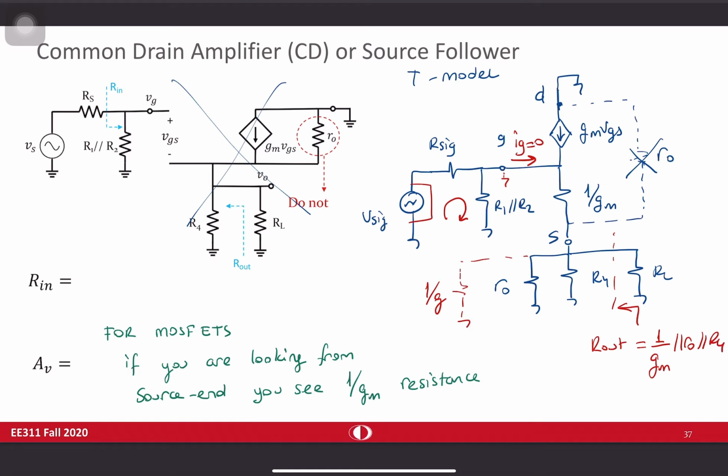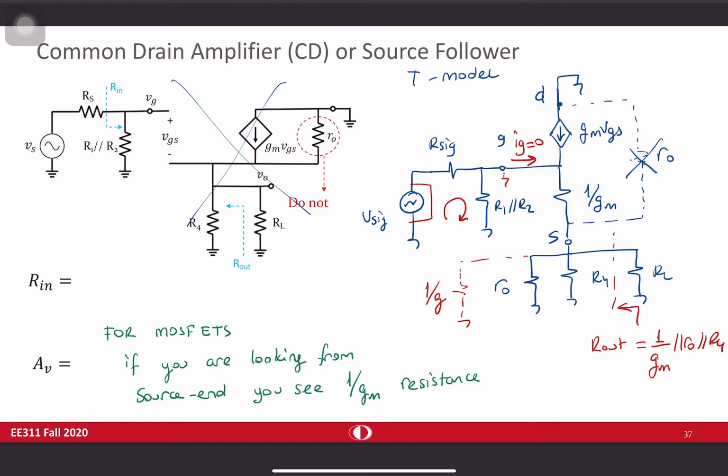And this T model is also helpful for finding the gain. Why? Because you can calculate the gate voltage in terms of V signal. Since Ig is equal to 0, you just do some resistive voltage division in here, which is Rin divided by Rin plus R signal. So you know this voltage V gate first.